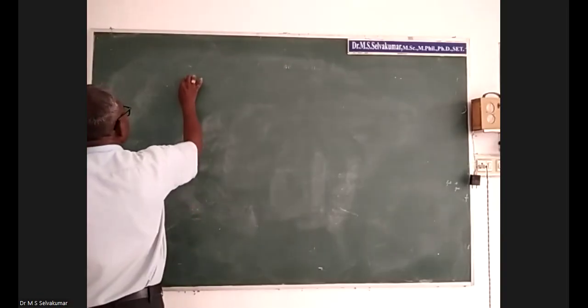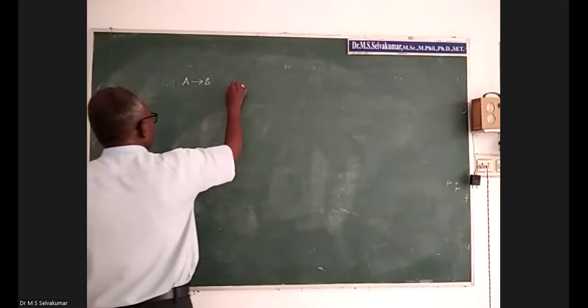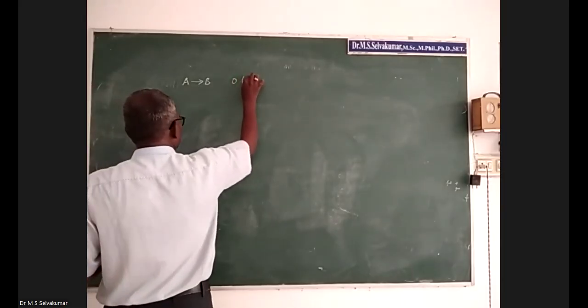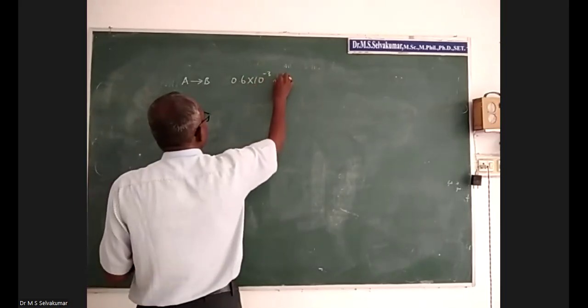The rate constant of a reaction A to B is 0.6 into 10 power minus 3 mole per second.